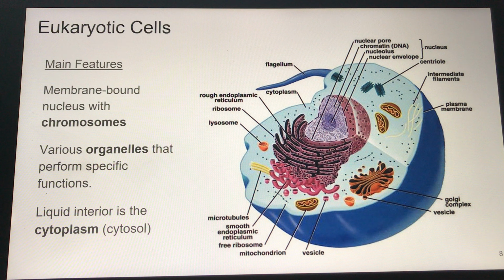So let's take a look at eukaryotic cells. Their main features are that they have a nucleus. Remember, we said that that's what sets them apart from a prokaryote. They have this nucleus, usually in the center, somewhere in the cell, and inside there you're going to find some chromosomes, labeled here chromatin, and that's where the DNA is found. You're going to have various other organelles.